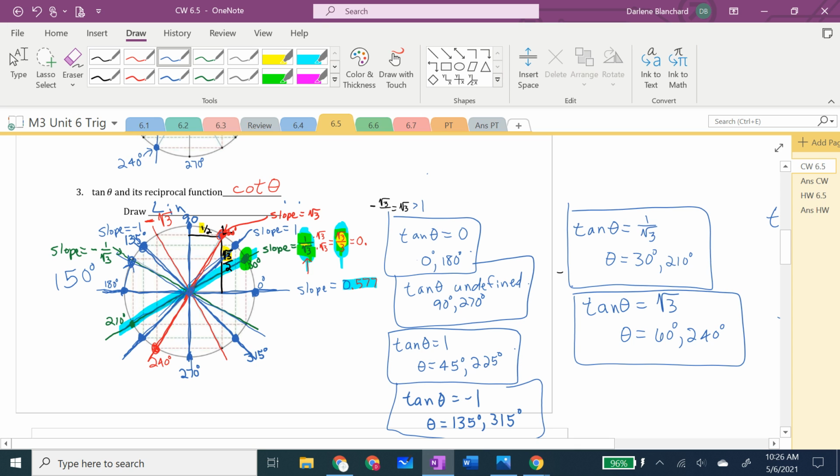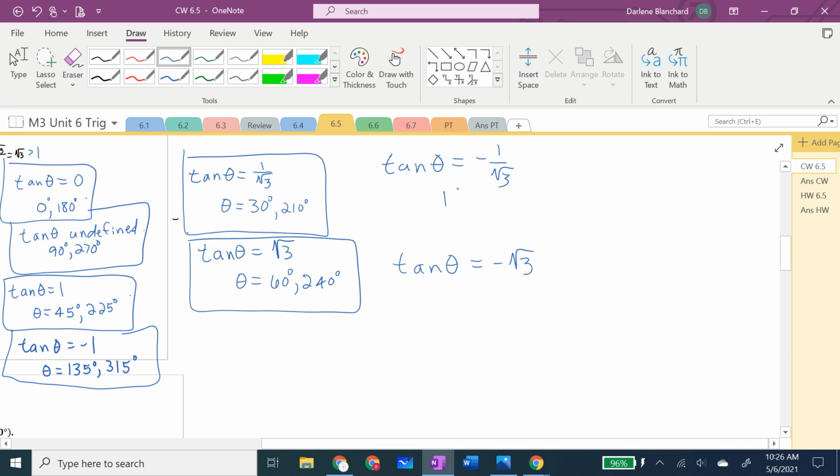And then all you have to do is add 180 to that, because with tangent, the pairs of angles for particular values of tangent are always directly opposite on the unit circle. And then this angle is 330. So 150 and 330.